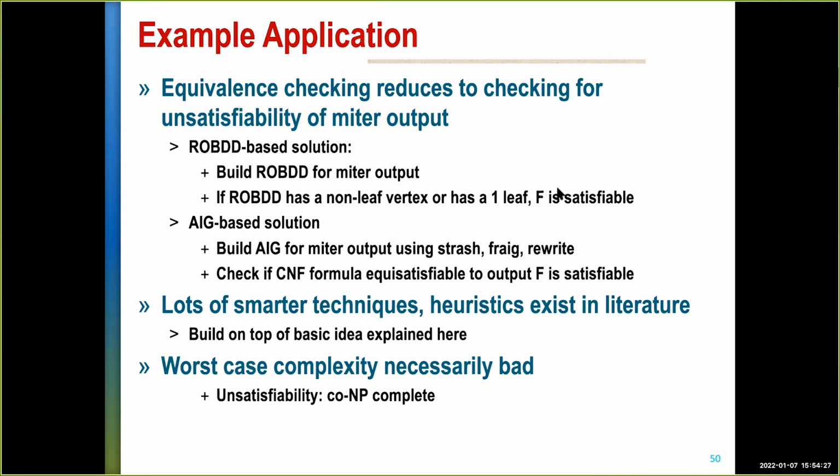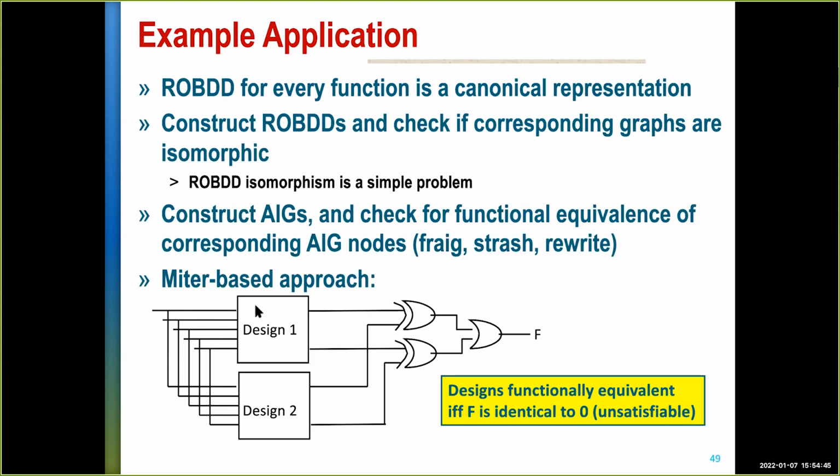So right, the ROBDD solution, of course, is very elegant, but it is less scalable. The AIG-based solution is more scalable. And as I said, if, for example, you have been able to figure out that there are intermediate points in this design which are equivalent to corresponding intermediate points in the other design, because in the process of constructing the AIG the corresponding nodes have been merged, then you can actually throw out the circuit prior to those intermediate points.